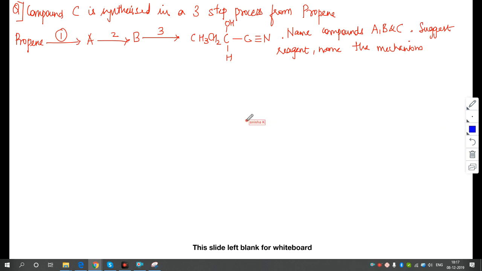Which homologous group does this belong to? Propene, so that's alkenes. Propene is an alkene. And the last compound is a hydroxynitrile.